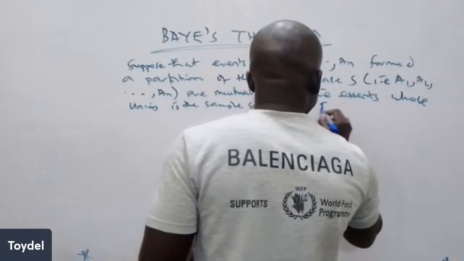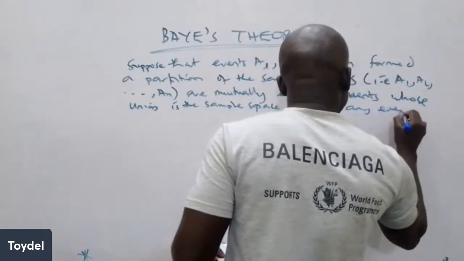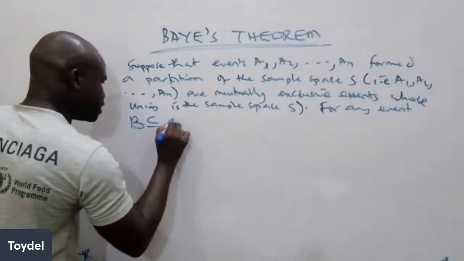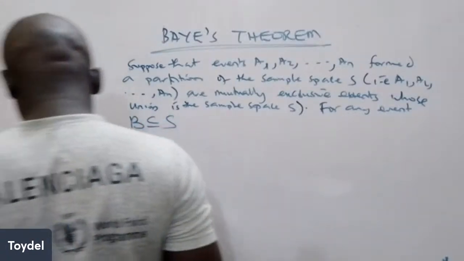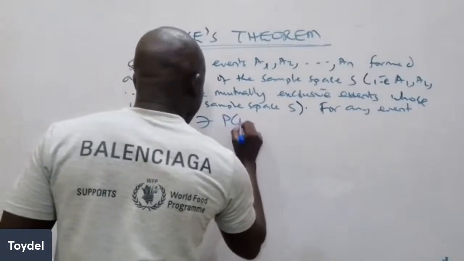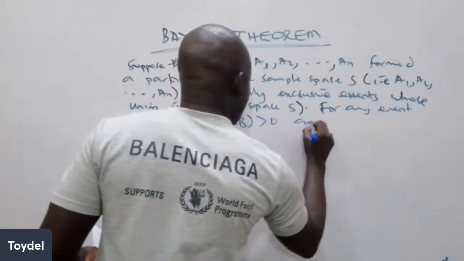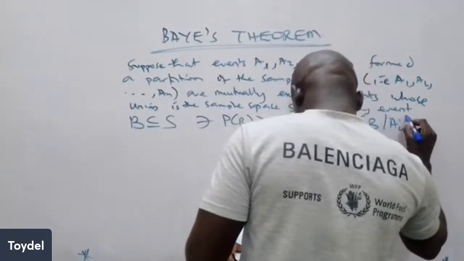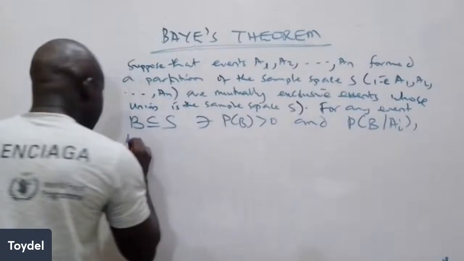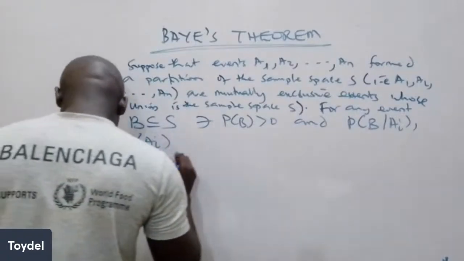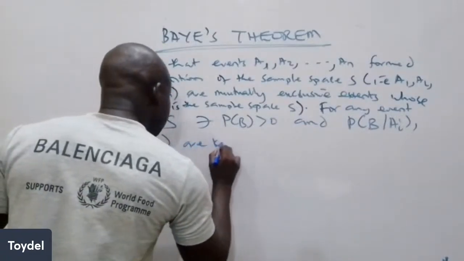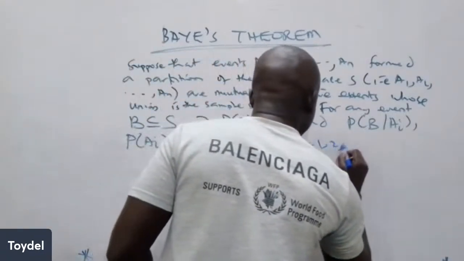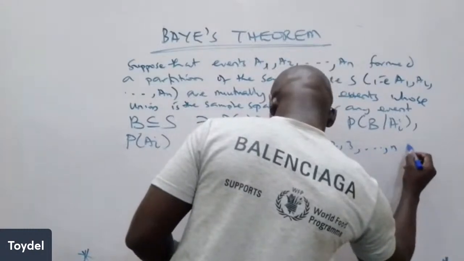Then for any event B that is contained in S, such that the probability of B is greater than 0, and the probability of B given that Ai has occurred, and the probability of Ai, are known for i equal to 1, 2, 3, up to n.